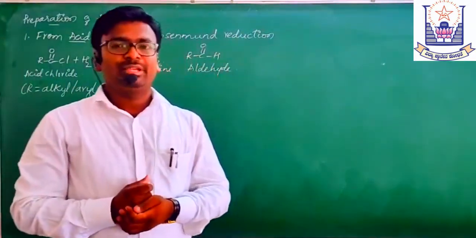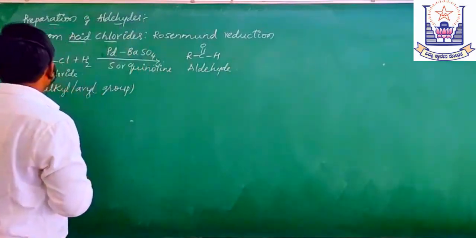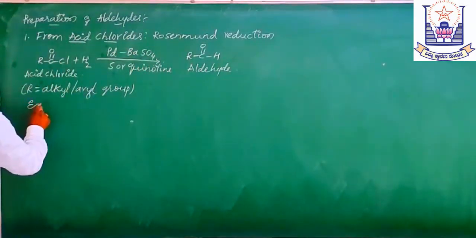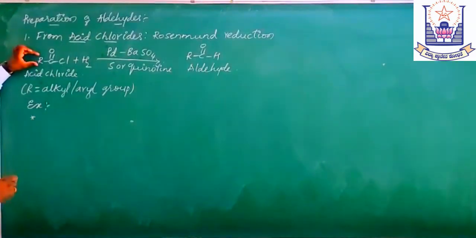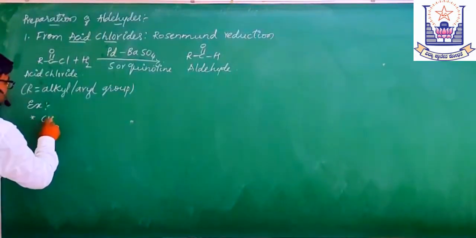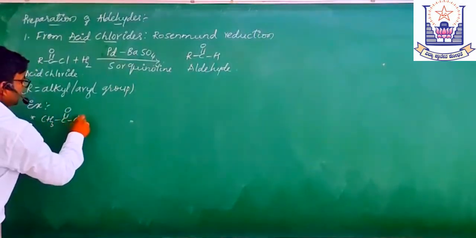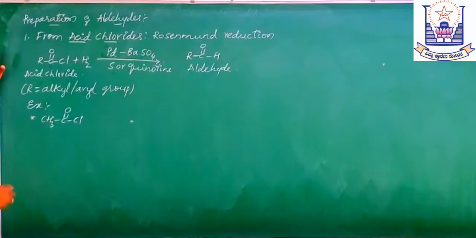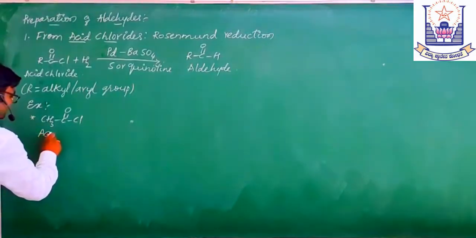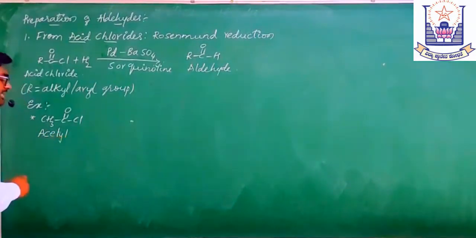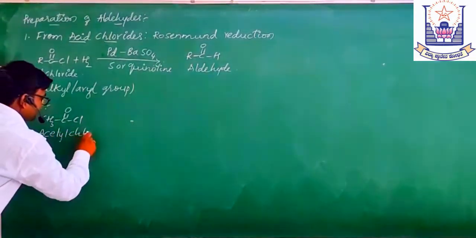Let us see some examples. The first one: take an alkyl group, for example CH3. In place of R, there should be CH3 C double bond O, Cl. It is called acetyl chloride or ethanoyl chloride. The common name is acetyl chloride.